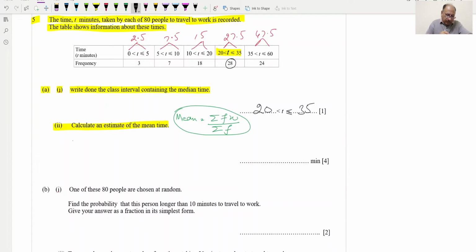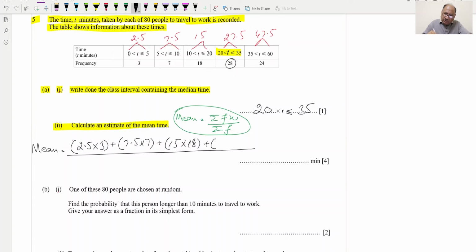Now we apply it: mean will be equal to 2.5 multiplied by 3, and we can take the fraction, plus the next, 7.5 multiplied by 7, plus 15 multiplied by 18, plus 27.5 multiplied by 28, and the last value, plus 47.5 multiplied by 24, and divided by the total number which they have mentioned, 80 people.